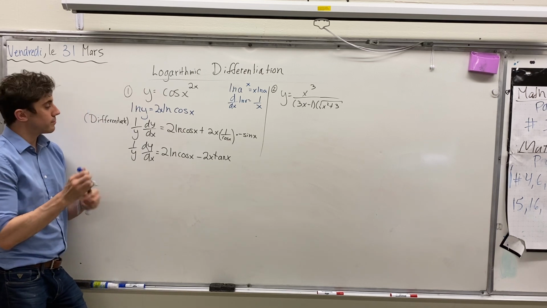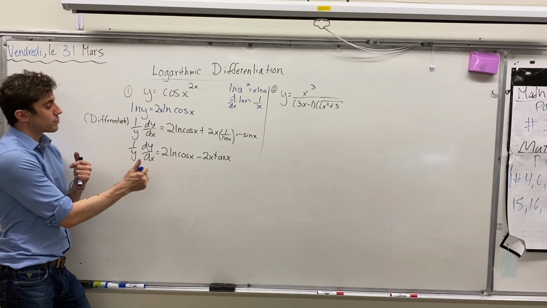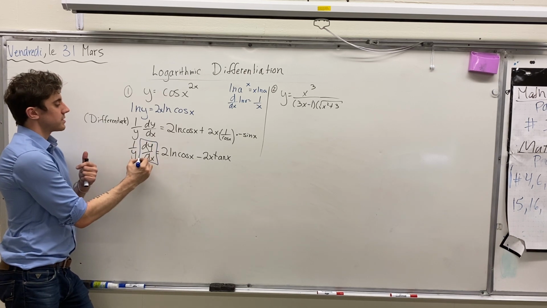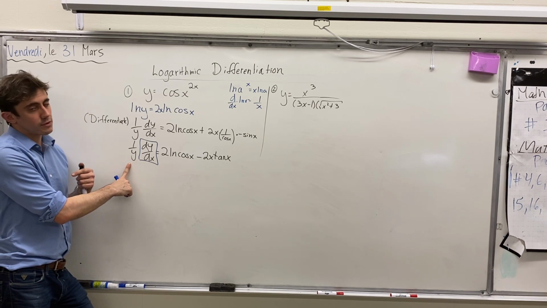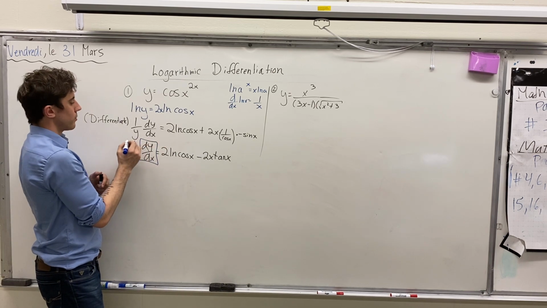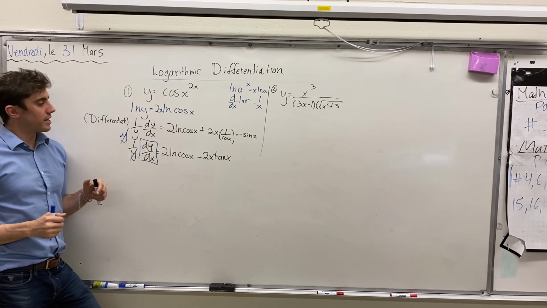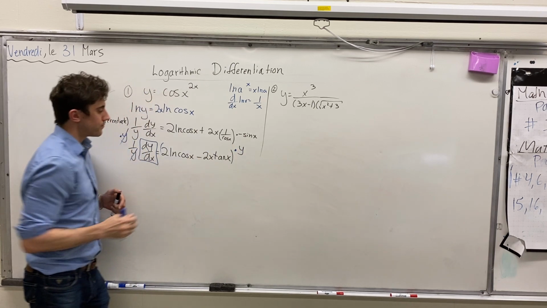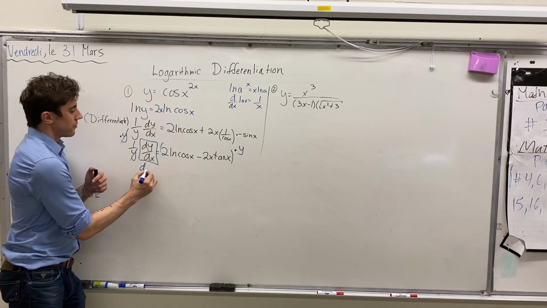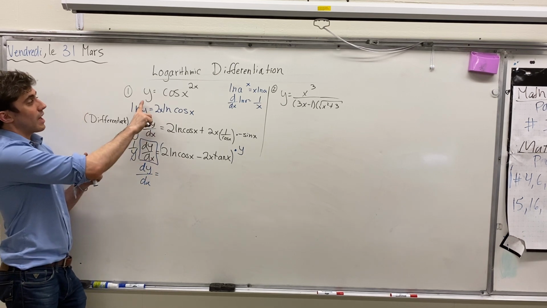And now we're almost done, but we have this y in the denominator on the left side. Whereas we really want dy/dx to be isolated, let's get rid of this y on the bottom. And to do so, no differently than we would with x, let's multiply both sides by y, so as to cancel out the y in the denominator, and we'll multiply the entire right side by y as well. And so now, we'll finish up with dy/dx is equal to, now we have an expression for y.